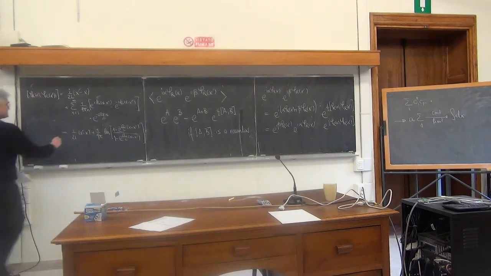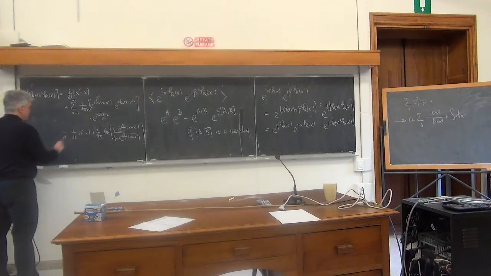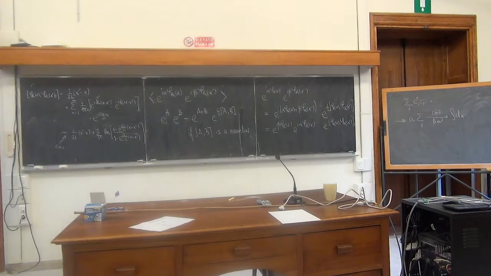What I've done here is I've taken the sum, and after taking the sum I've taken epsilon to 0, which for this particular commutator I can do, and then I get this answer.